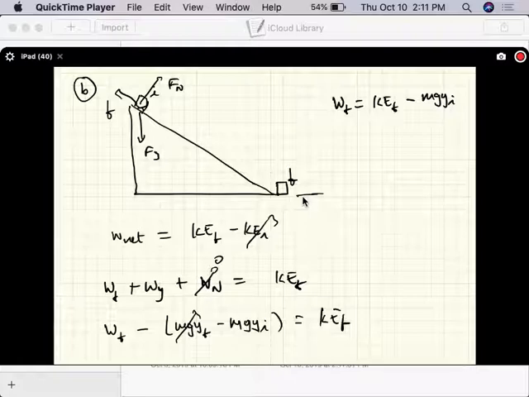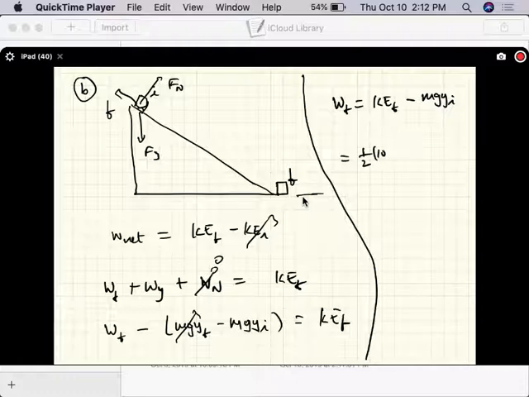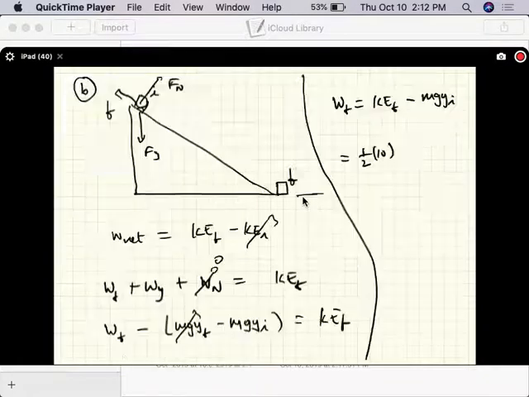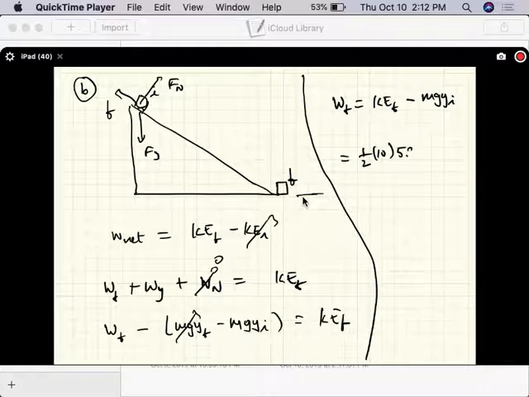All right, so let's put in the numbers. One half times 10 times 5.3 squared, minus 10 times 9.8 times 2.